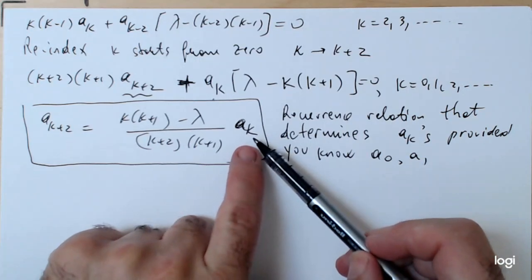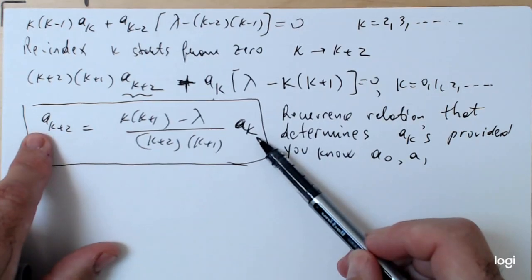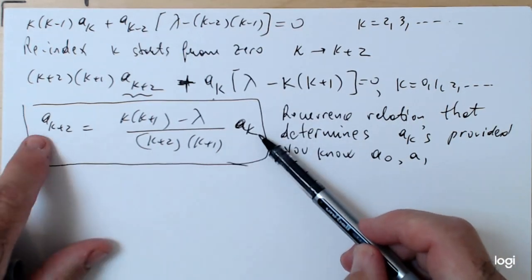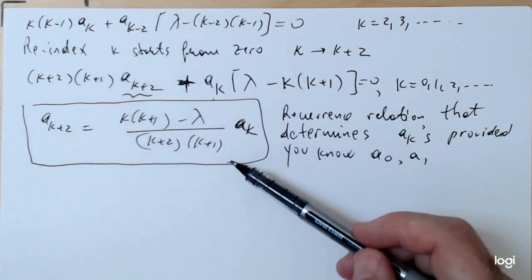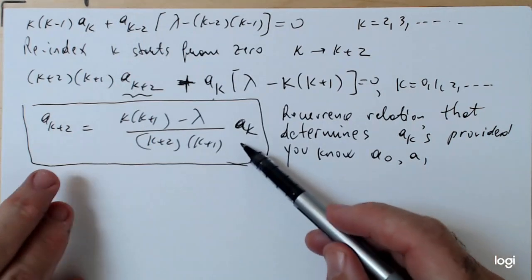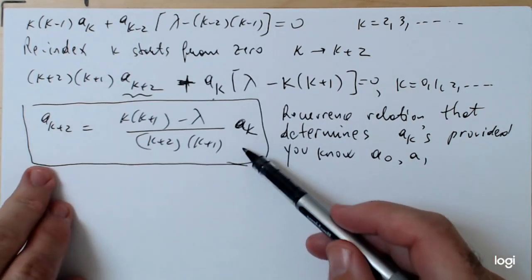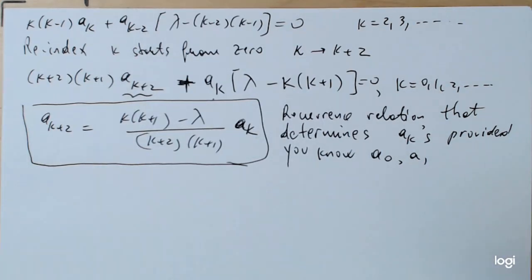You need to know a_0 to get to a_2, but you need to know a_1 to get to a_3, and so on and so forth. So this recurrence will tell you what conditions these coefficients need to satisfy so that you have your solution of the Legendre equation.